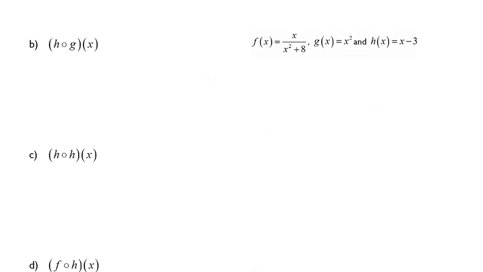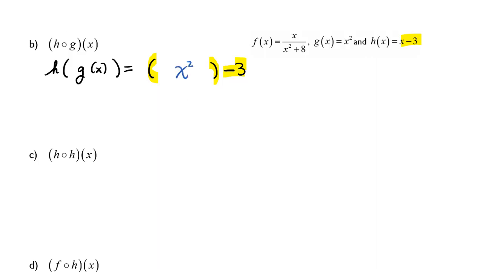So now let's look at part B. We want h of g of x, or h composed with g of x. So my outermost function is h of x, and then g of x is being substituted in. This is going to give me an empty space where x was in the x minus 3 function, and within that function I'm going to substitute g of x.